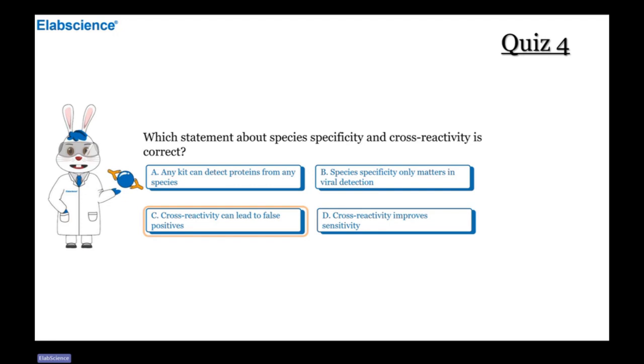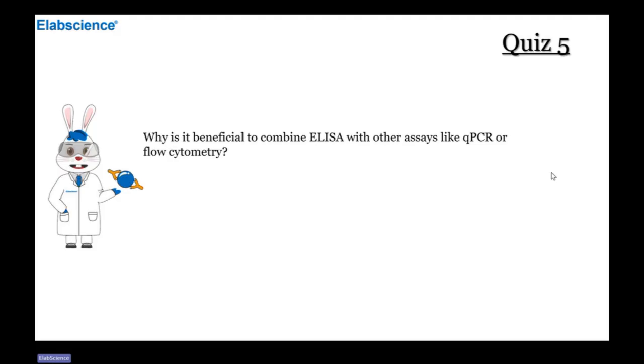Okay, now the last one. Last chance to get the gift. Why is it beneficial to combine ELISA with other assays like qPCR or flow cytometry, which we have explained in part 2 and part 3 together?